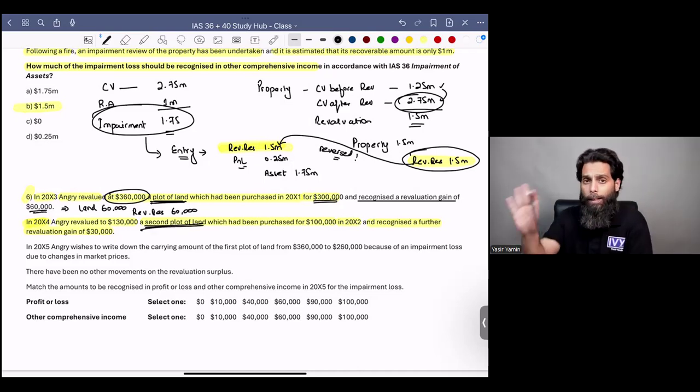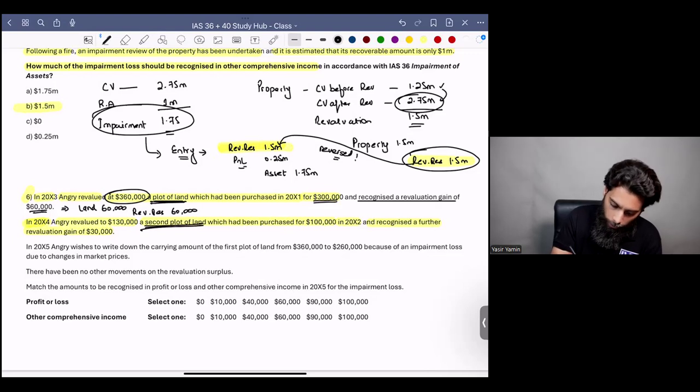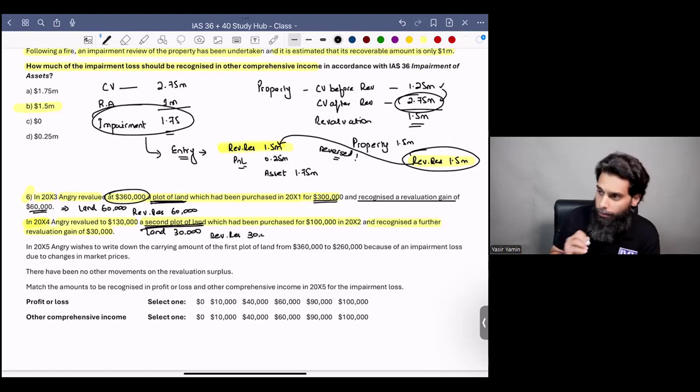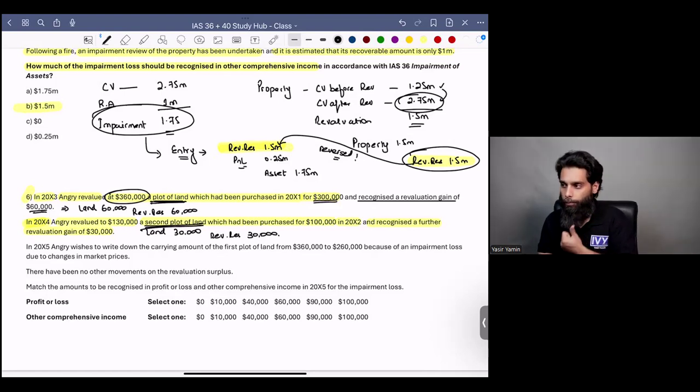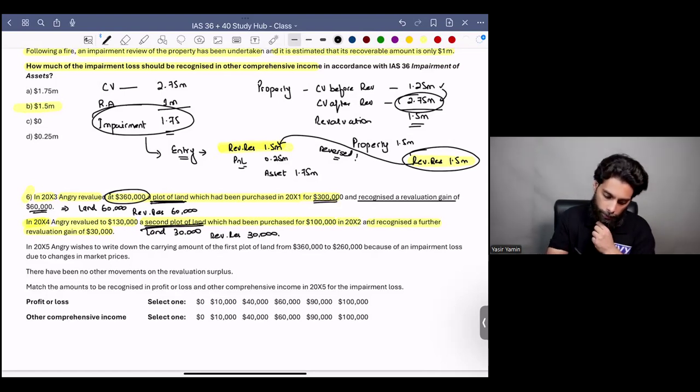Both are separate lands. On this, you would have recognized an accounting entry land 30,000 debit, revaluation reserve 30,000 credit. Understood? Is it clear to everyone up till now? Let me know, guys. Very good. Let's move forward.